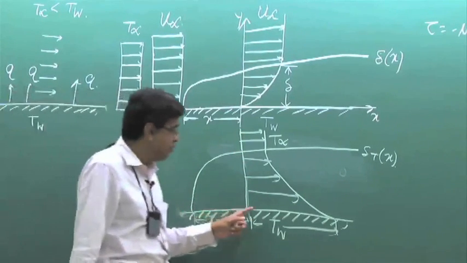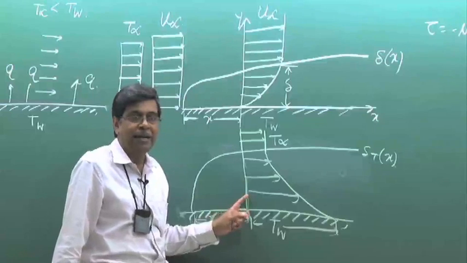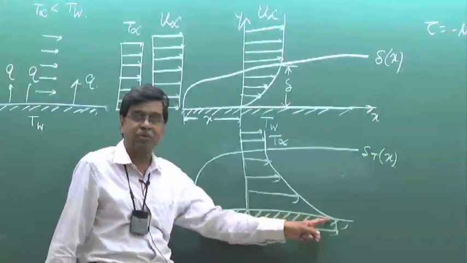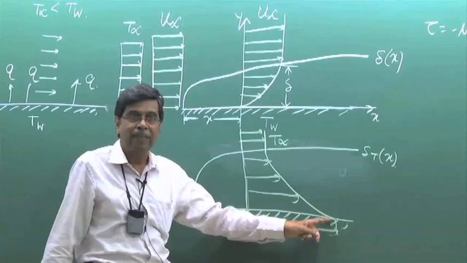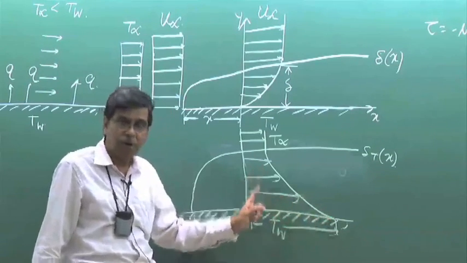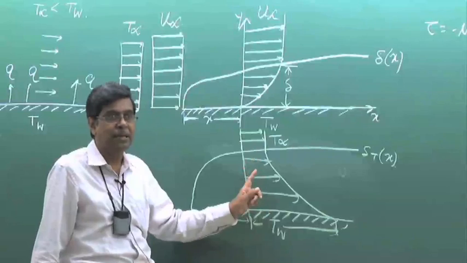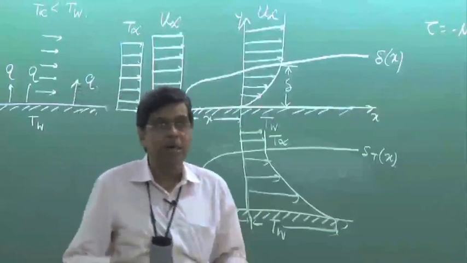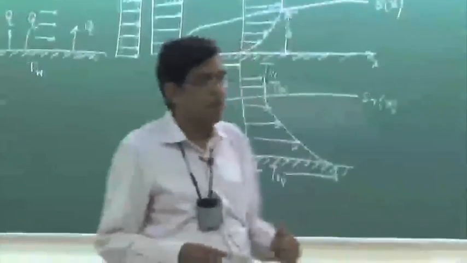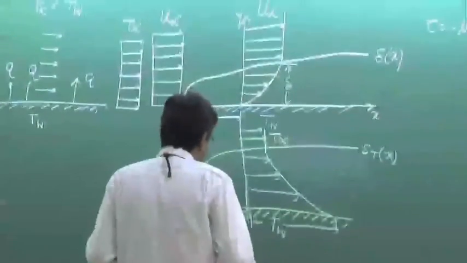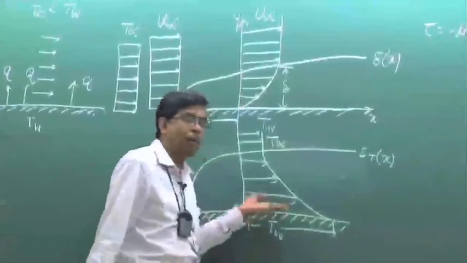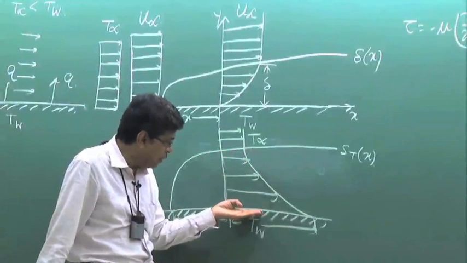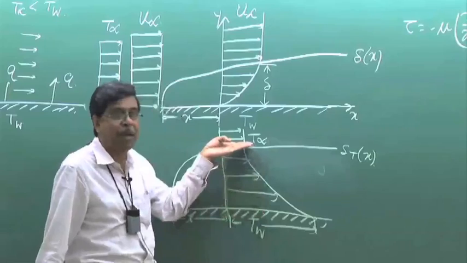Here also the surface to fluid interaction requires a thermal equilibrium, so that at the surface the fluid temperature has to be the surface temperature, and the heat transport or the diffusion of heat in this direction, which is determined by thermal conductivity K along with the heat capacity, how much heat or thermal energy can be retained and how much can be transported, so that the temperature of the plate is felt away from the plate.